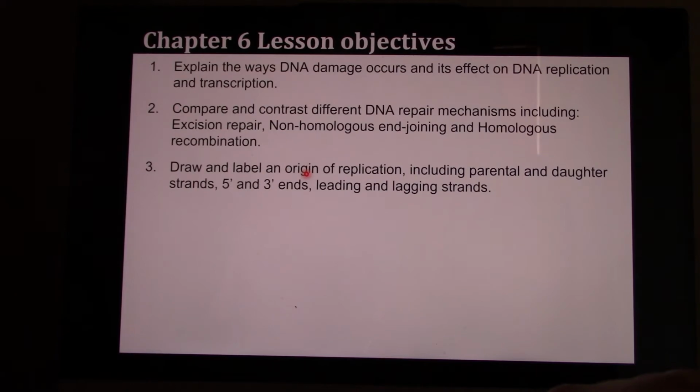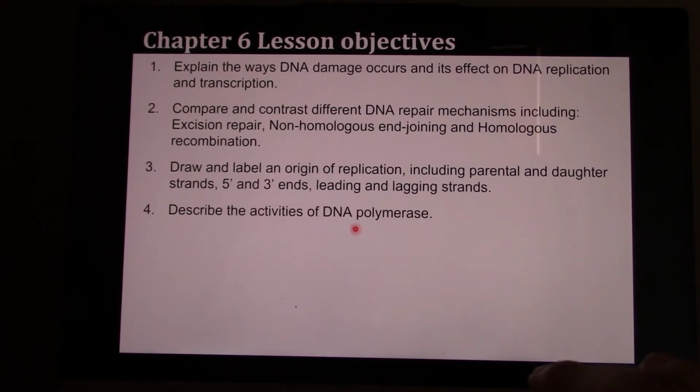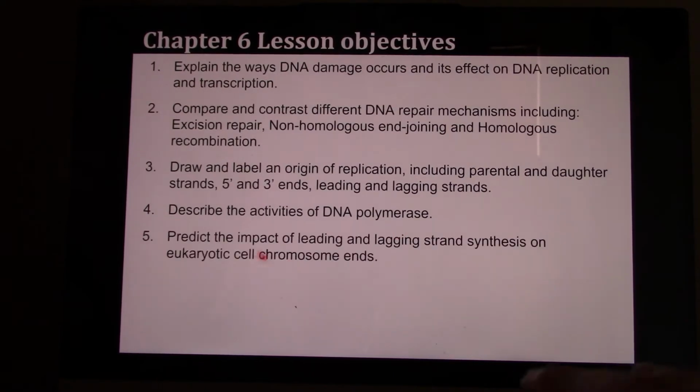Draw and label an origin of replication, including parental and daughter strands, 5' and 3' ends, leading and lagging strands. Describe the activities of DNA polymerase, and predict the impact of leading and lagging strand synthesis on eukaryotic cell chromosomal ends.